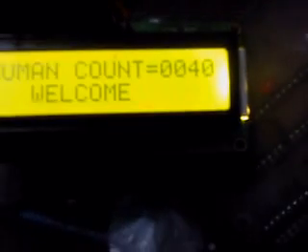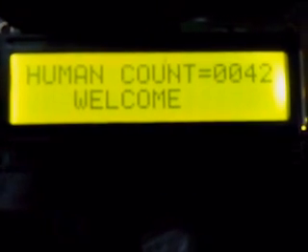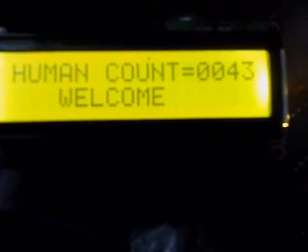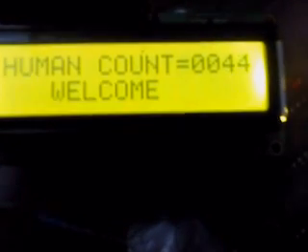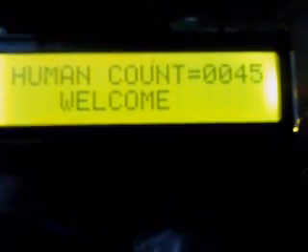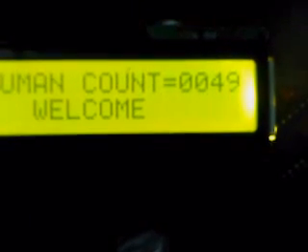I can increase this counting up to 16 digits, like I can count 16 crore persons by the help of this circuit, because I am limited by the LCD, because it can display only 16 characters, alphabets and characters, on the LCD display in one string.